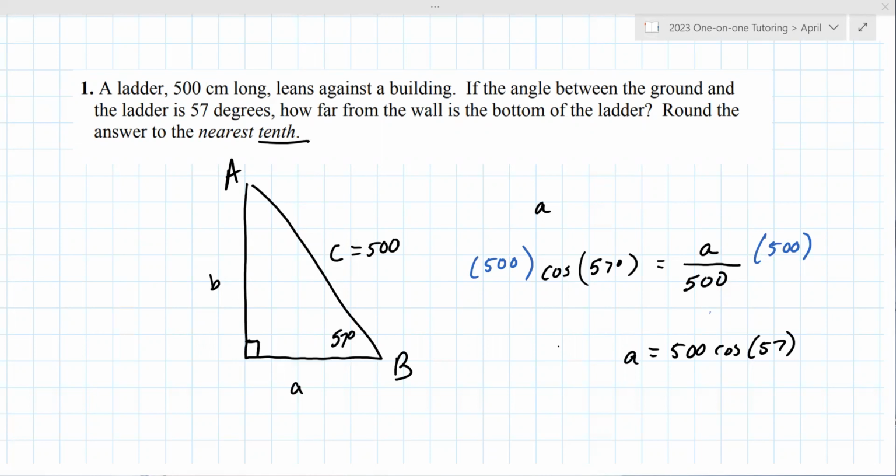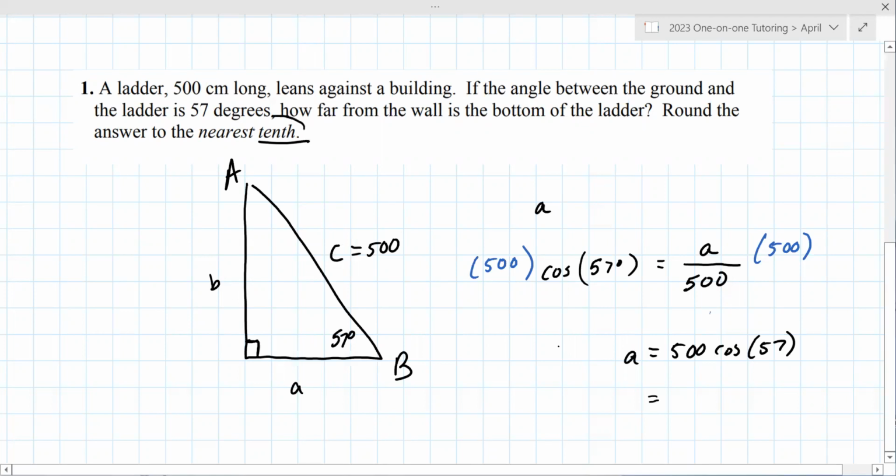All right, let's see. Cosine of 57 times 500 equals 272.32. To the nearest tenth, what does that mean?